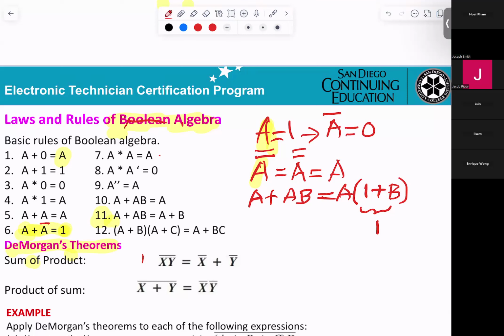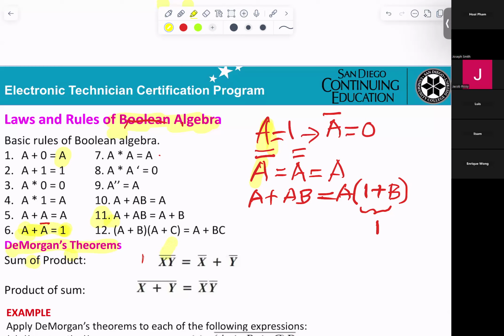Now, sum of product. That's what they call De Morgan's theorem. Not X and Y. You take this one out.